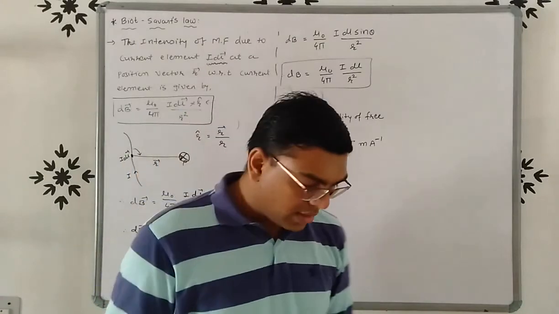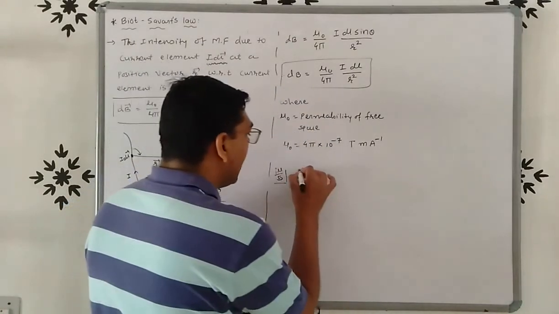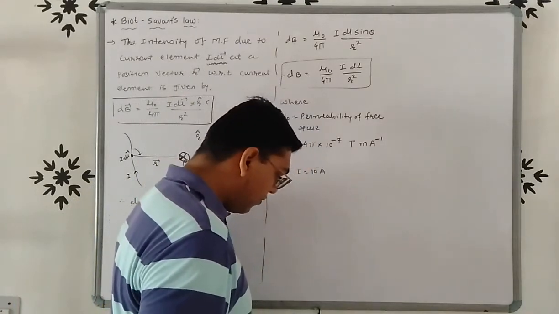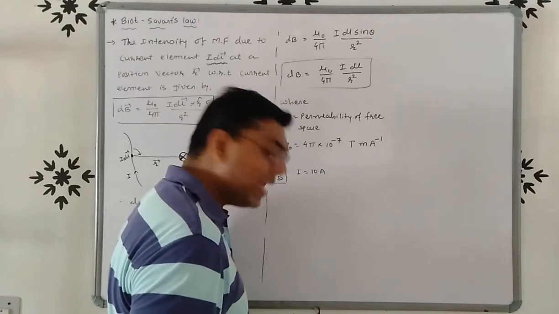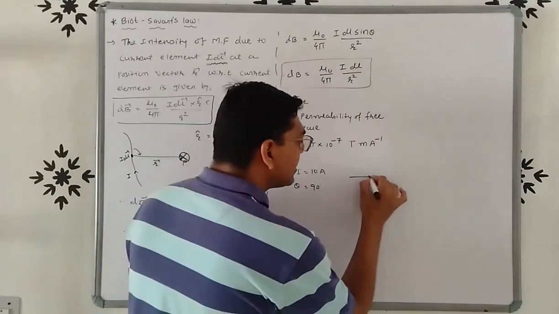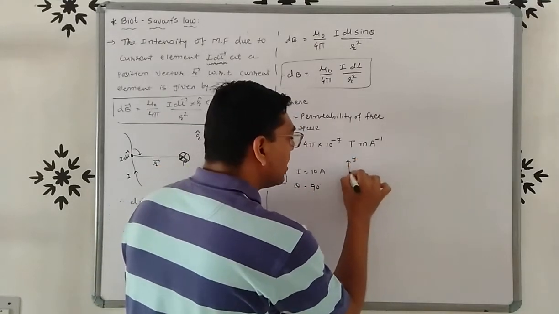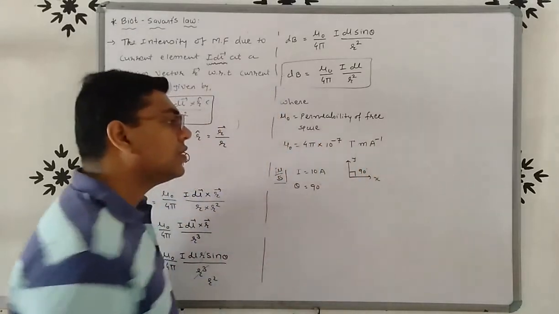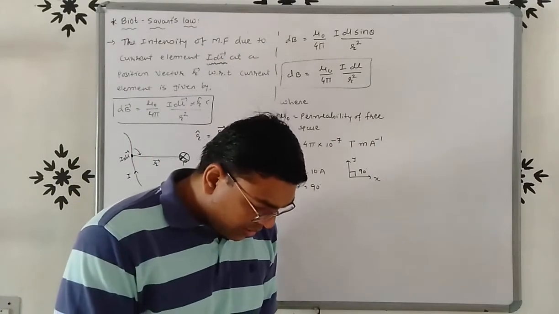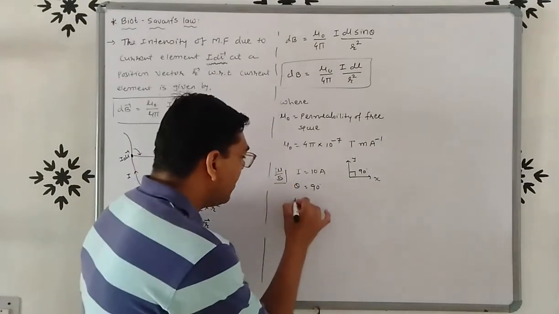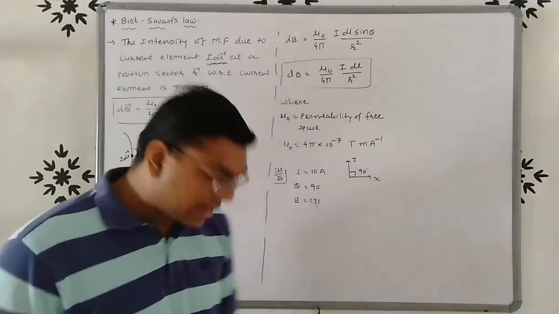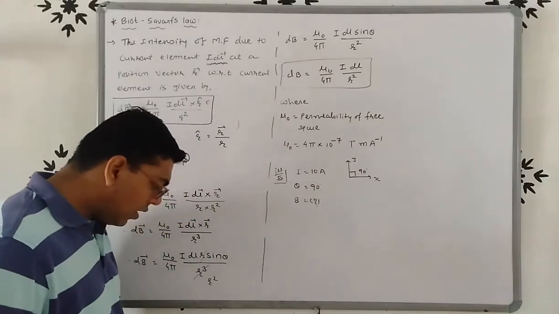So here the value of current is given, I is equal to 10 ampere. We have to find out the magnetic field on the y-axis. So here angle theta is 90 because this is the x-axis and this is y. So in this example we have to consider theta 90. We have to find out B at a distance of 0.5 meter.